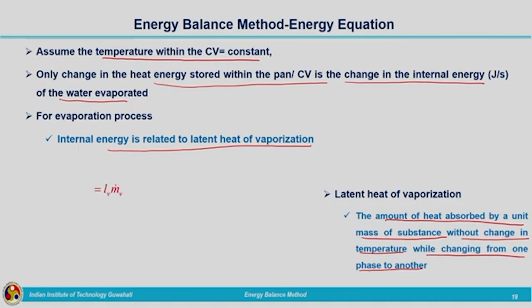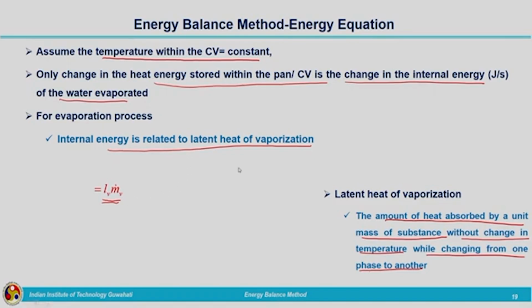So, here we can assume that the internal energy utilized for transformation of liquid to vapor can be written as Lv multiplied by mv dot, because Lv corresponds to unit mass of substance. So, this is for this particular mass mv dot. So, we can write internal energy corresponding to that.